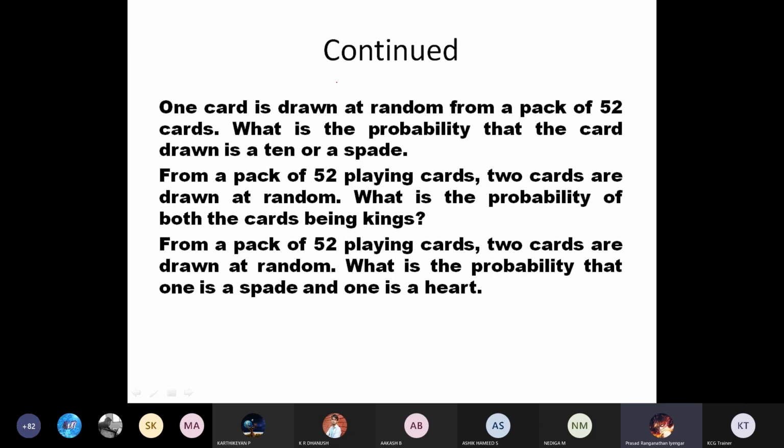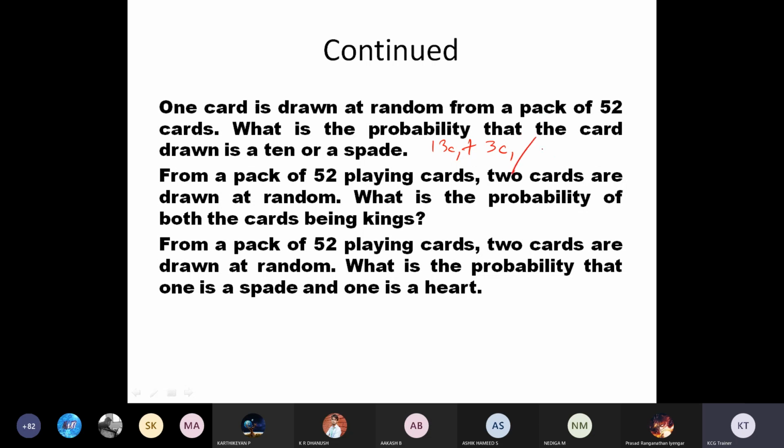Will it come like 13C1? 13C1 for spade, correct? Yes, sir. 13C1 for spade. But in that spade, out of 13, the 10 is already included. Remaining how many tens? 3 tens. So 3C1. This is the answer for permutation combination.